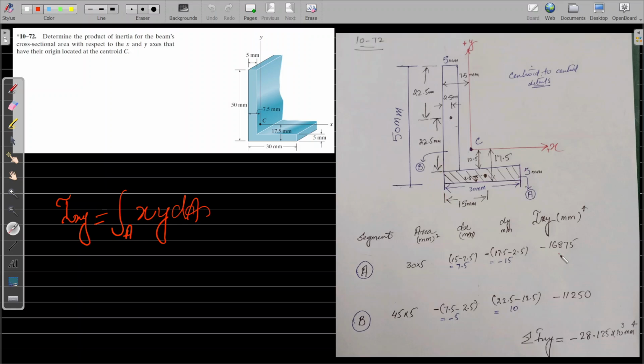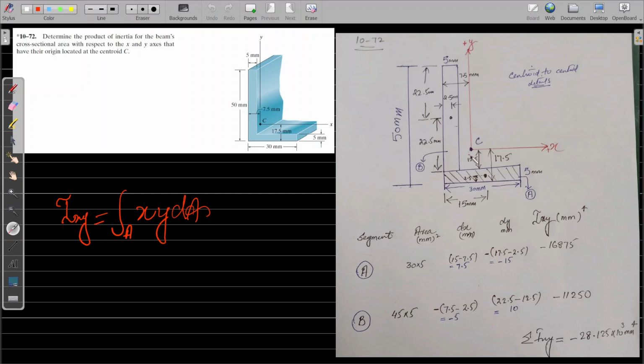Now we are very much interested in calculating dx. To calculate dx, the centroid of this section of 30 into 5 is located at this point, and the actual centroid of our figure is this parent centroid.